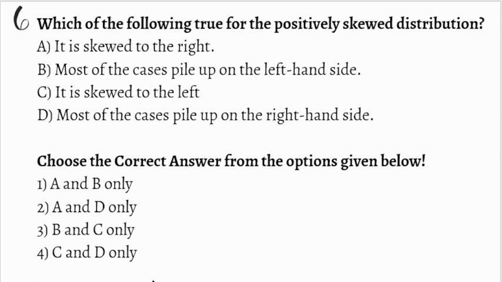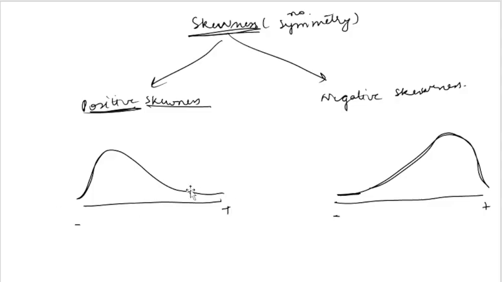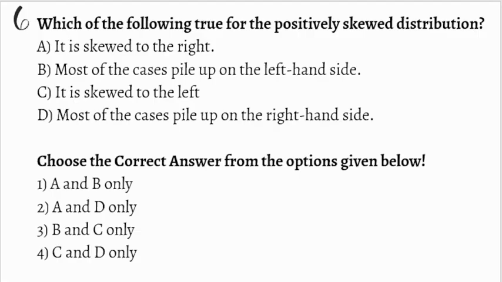Yes, it is skewed to the right side. The skewness is towards the right end. So, A is going to be a part of our answer. And B, most of the cases pile up on the left hand side. Yes, the cases will pile up on the opposite end. So, A and B only are the correct options here. So, 1 is the correct answer here.